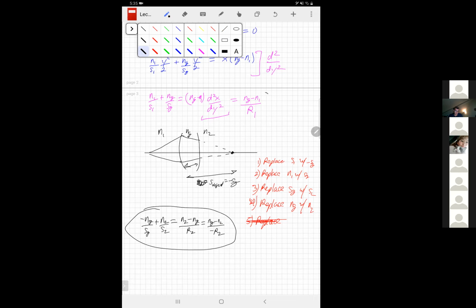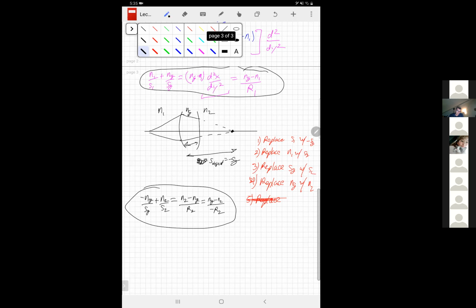Then we take this equation and this equation, we could just add them. When we add, these things here will cancel. We'll keep this, we'll keep that, we'll keep this, we'll keep that.